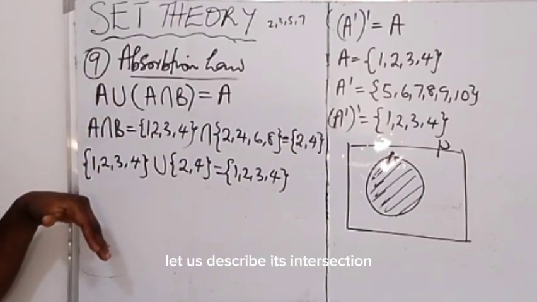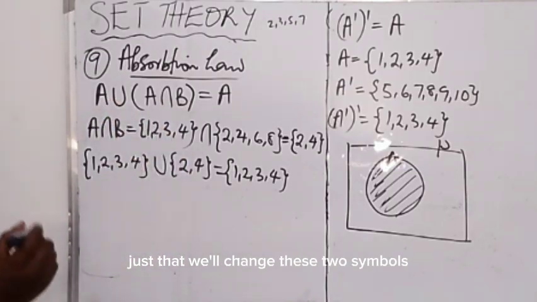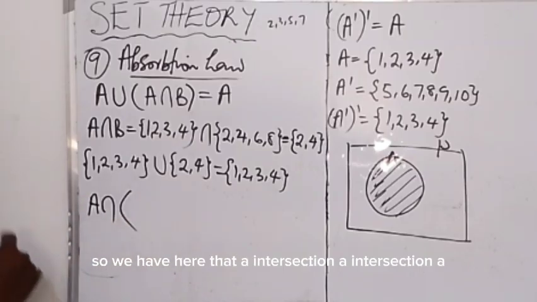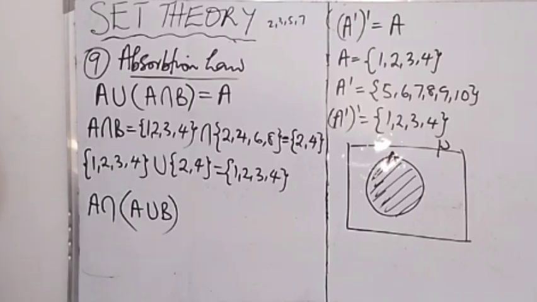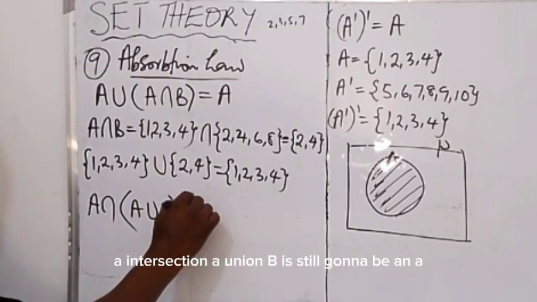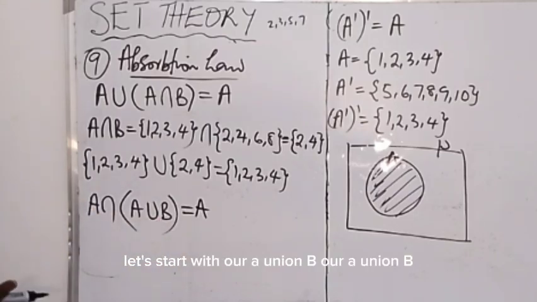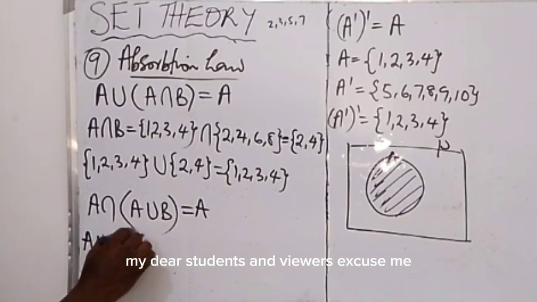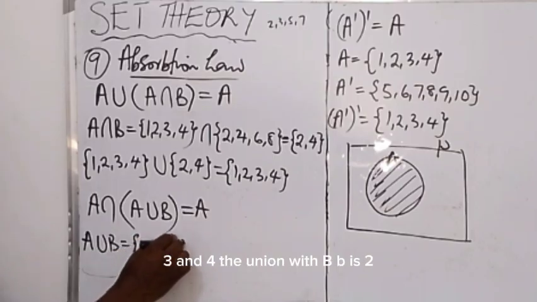Let us describe its intersection. It looks very much like this, just I will change these 2 symbols. So we have here that A intersection A union B is still going to be A. Proving that law, let's start with our A union B. Our A is 1, 2, 3, and 4.